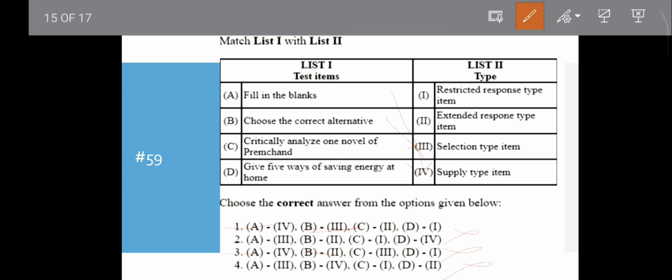Give 5 ways of saving energy at home: restricted means it asks for only 5, so it restricts the question. So move to the next question.